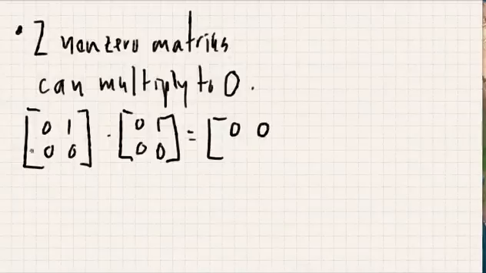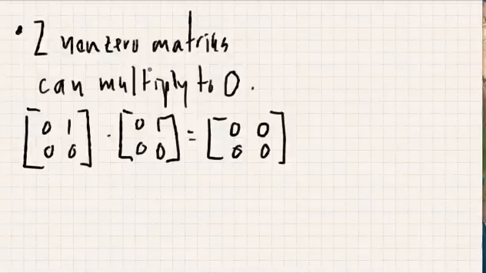And the bottom row here is 0, so I get 0, 0, 0, 0. This gives me a matrix whose product is equal to 0, even though these two are not 0. So that is another weird thing about matrix multiplication.